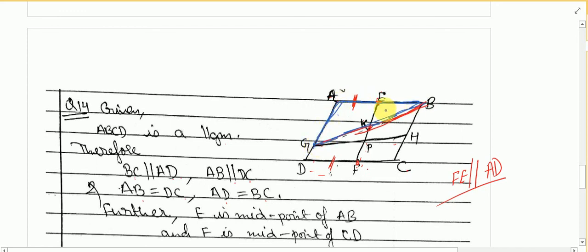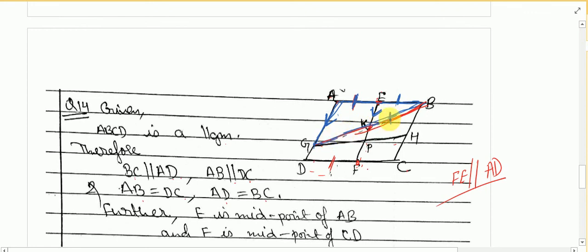Okay, so in this triangle, what do we observe? That E is the midpoint of AB, so that means AE is equal to EB, and we have observed that this EK is parallel to AG. So therefore, by the converse of midpoint theorem, K will be the midpoint of GB.